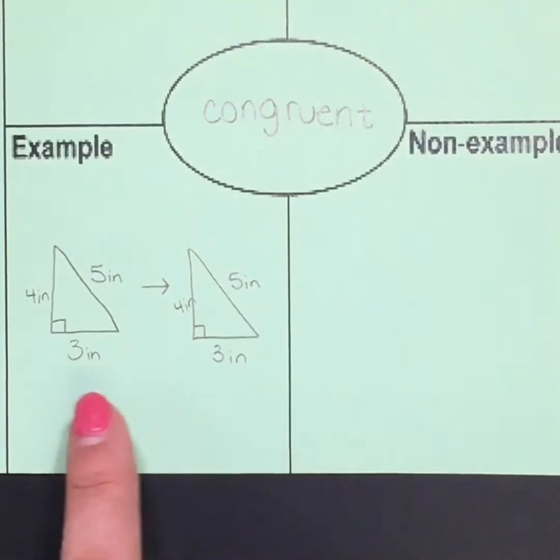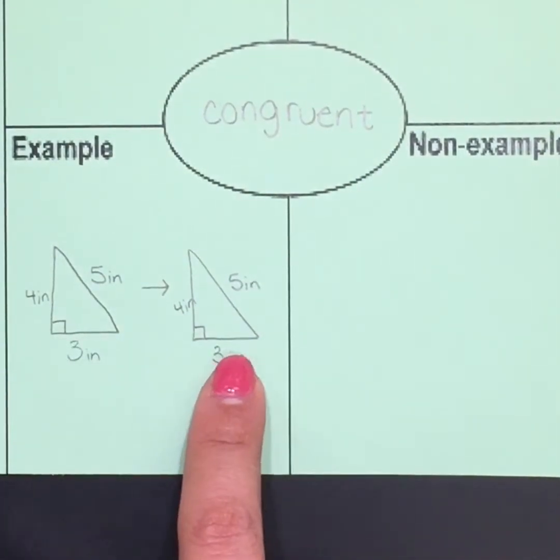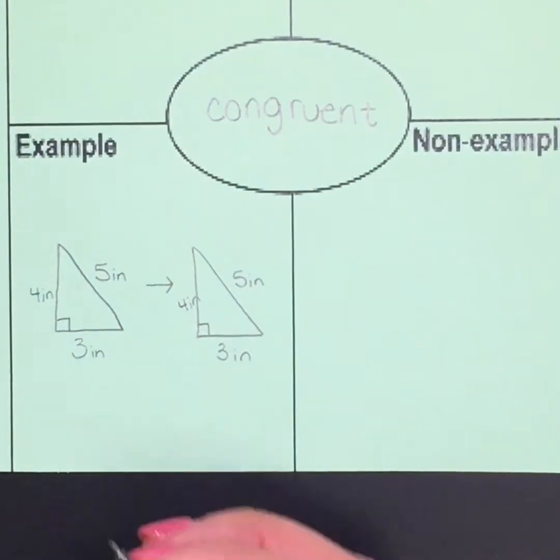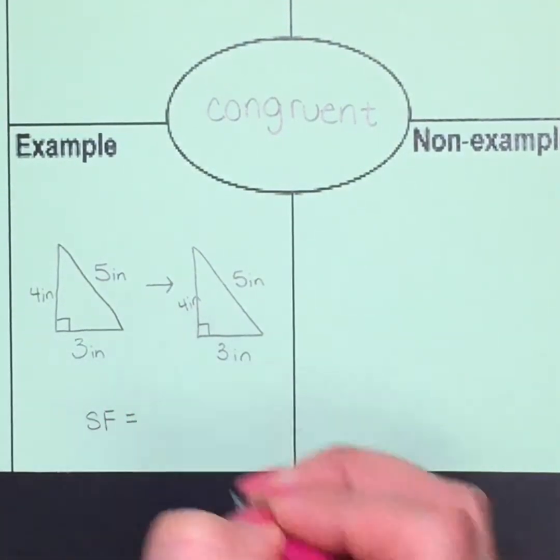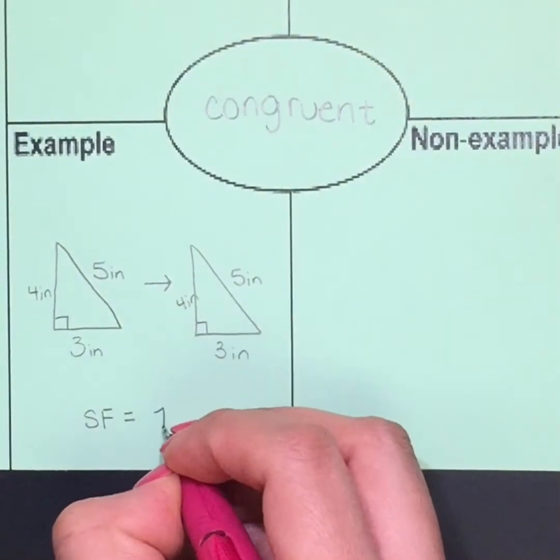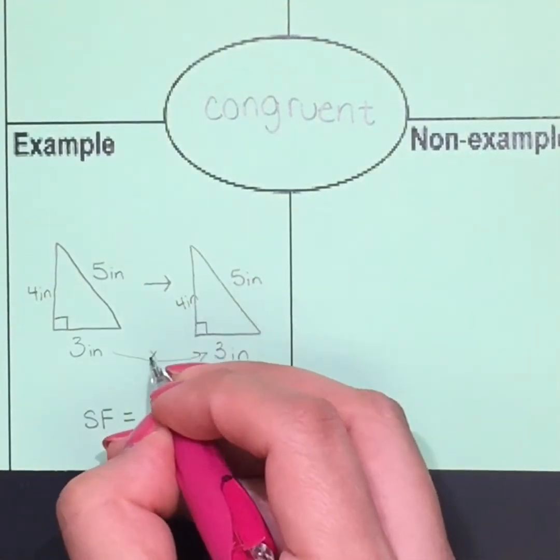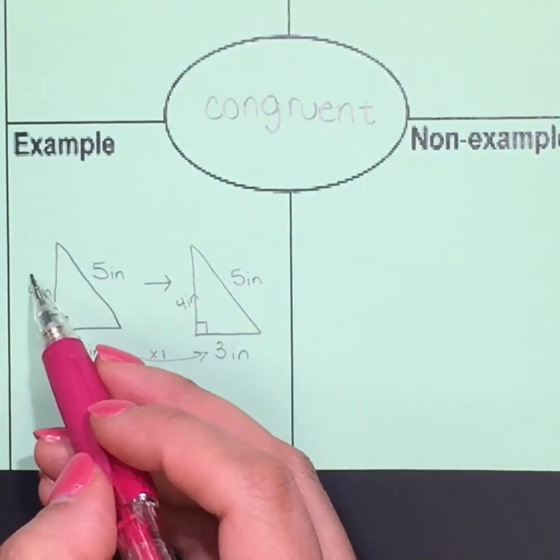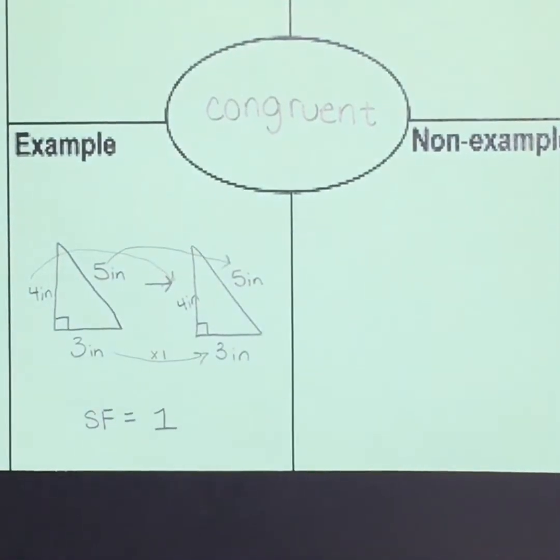If they are exactly the same, what is the scale factor? Very nice. The scale factor is 1 because 3 times 1 is 3, 4 times 1 is 4, and 5 times 1 is 5 as well. So our scale factor is 1.